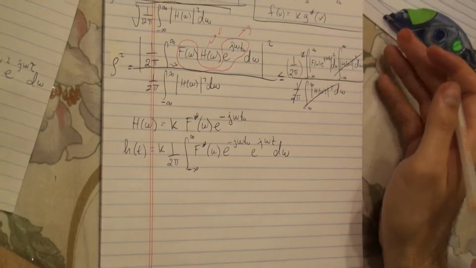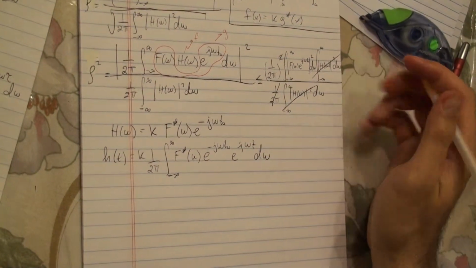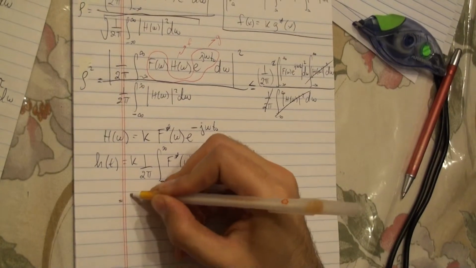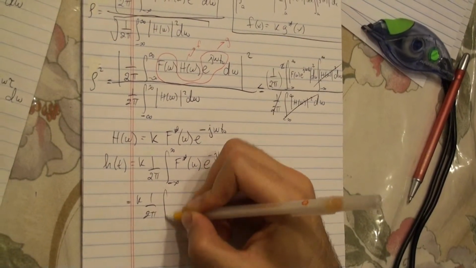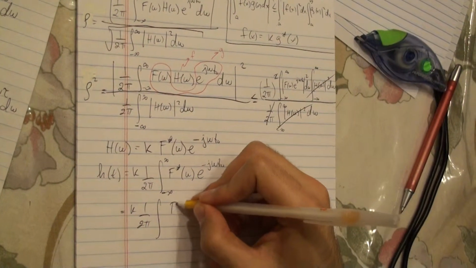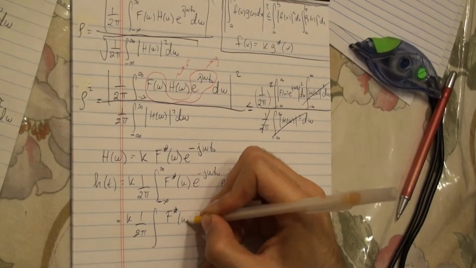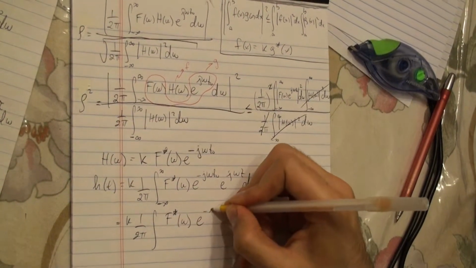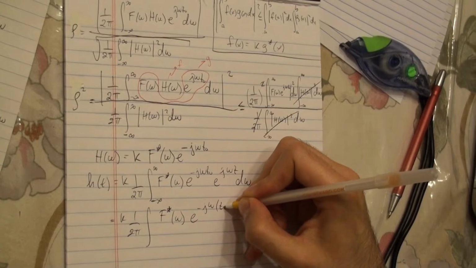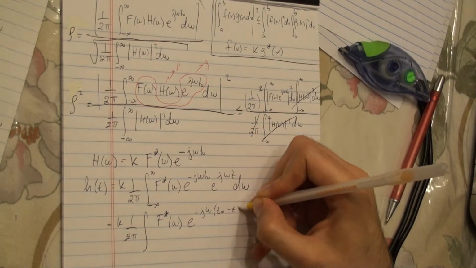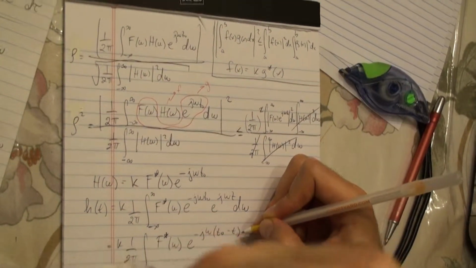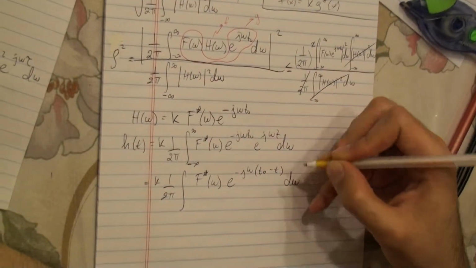Okay, so we can write f star of omega e to the minus j omega (t naught minus t) d omega.